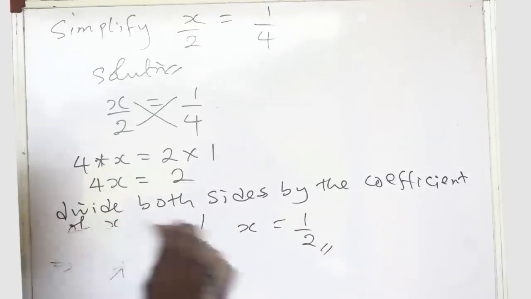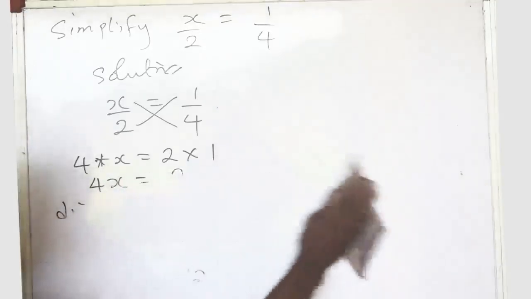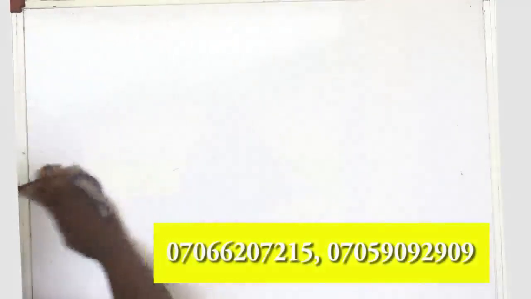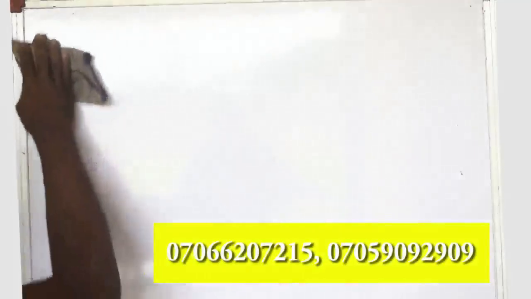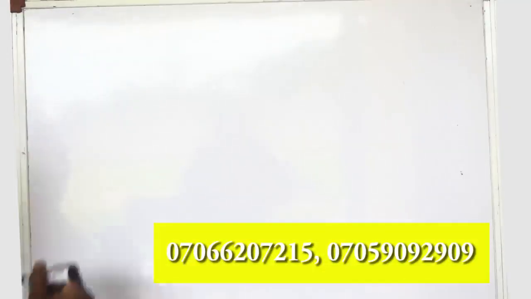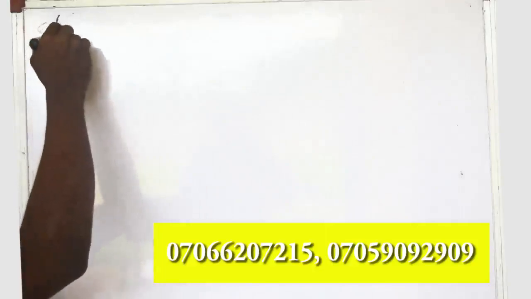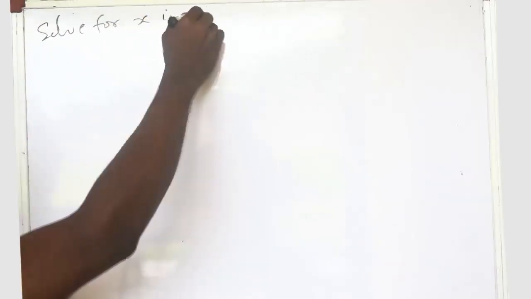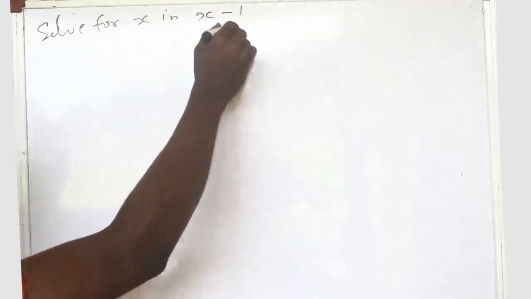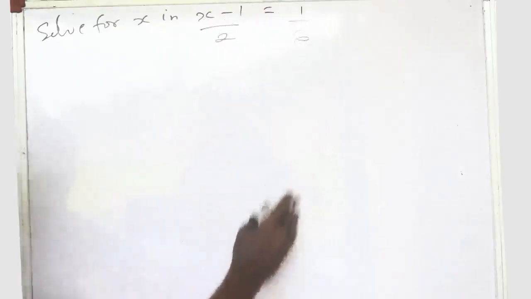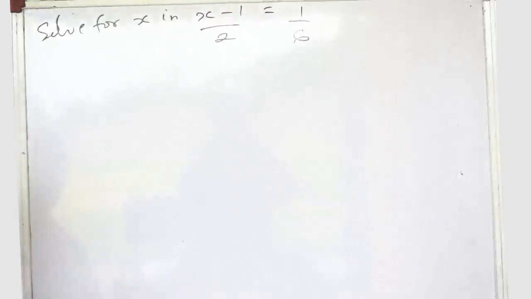So if you are given this one, let's say solve for x, solve for what? x, and you have x minus 1 all over 2 is equal to 1 over 6. So how do you go about it?